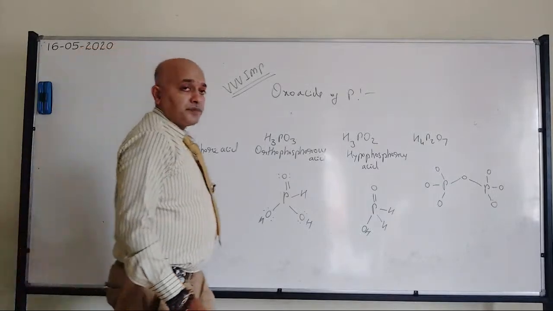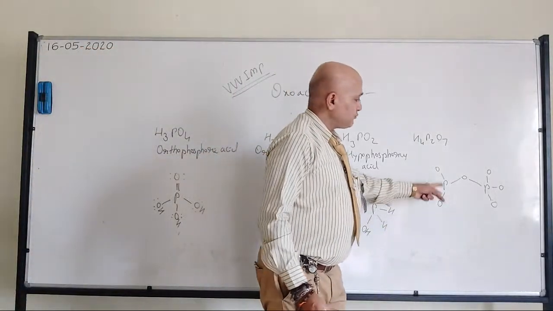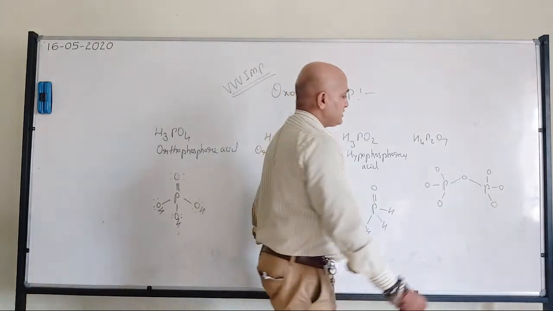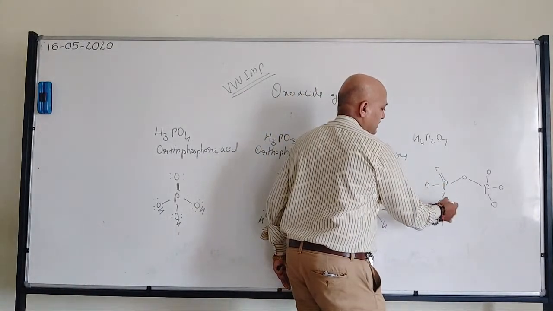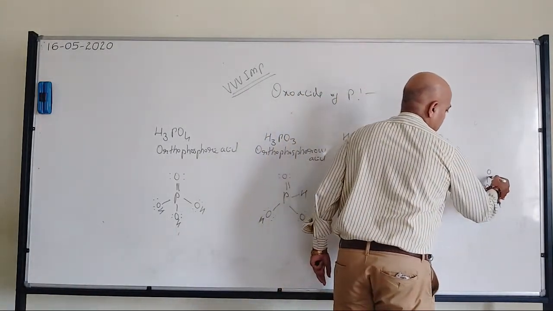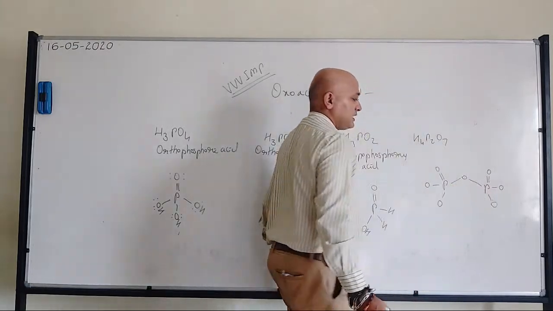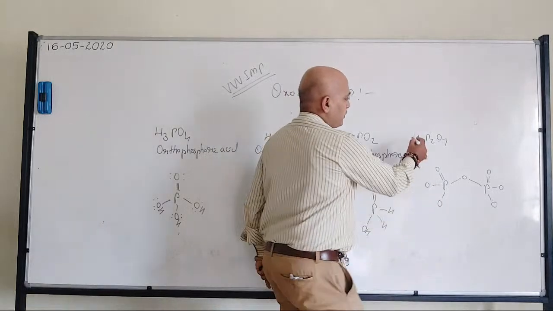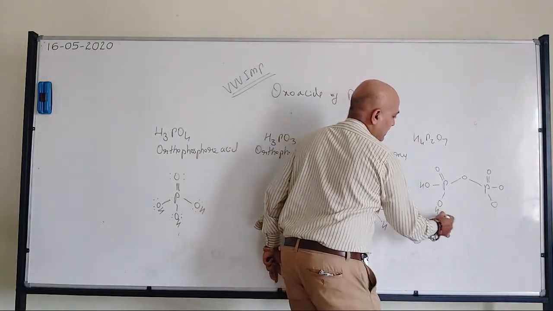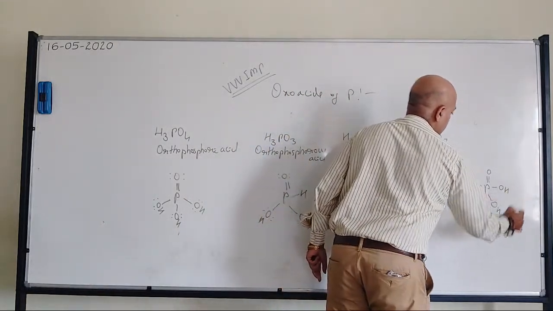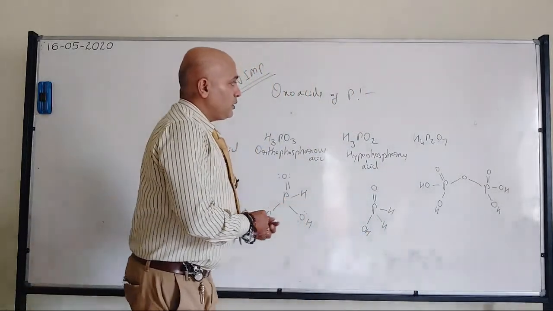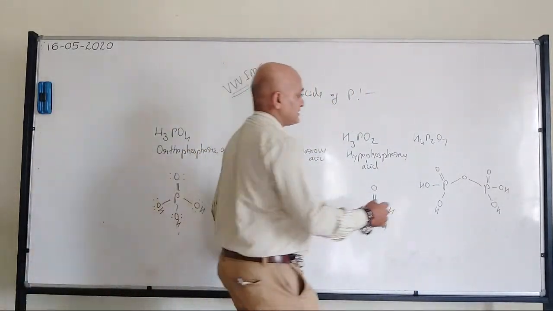Now, phosphorus has a lone electron left over, right? So it has to make a double bond with any of these three oxygen, not with this oxygen. Now 4 hydrogen, 1 and 2 here and 2 here. So that's where we have the pyrophosphoric acid.